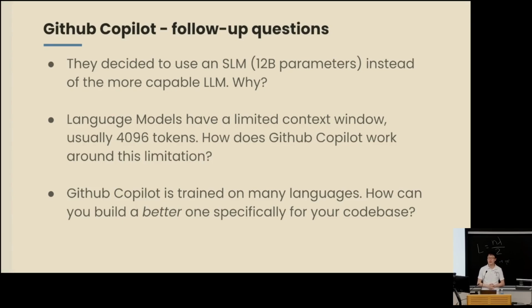Any suggestions? Have it trained on your private repository. That's a good idea. Are you referring to fine tuning? Yeah, probably fine tuning, so fine tuning on your private repository. What are other methods you can use to increase the quality of GitHub Copilot?